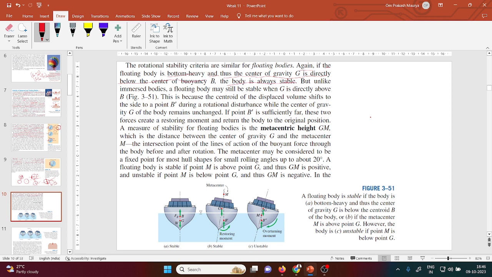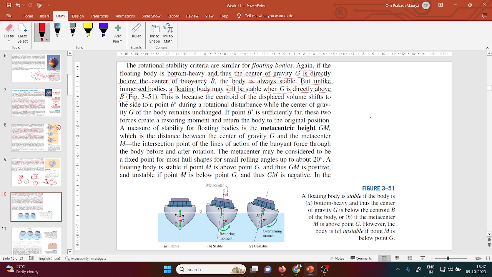This is the similar condition to the previous one. But unlike the immersed body, a floating body may still be stable when G is directly above B.